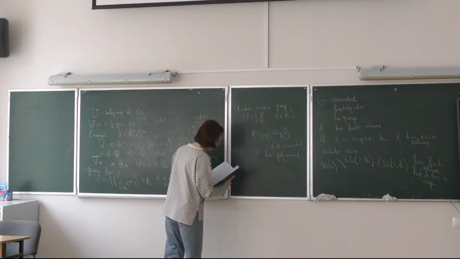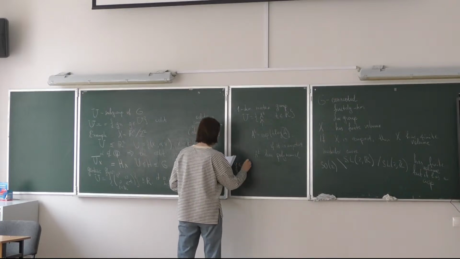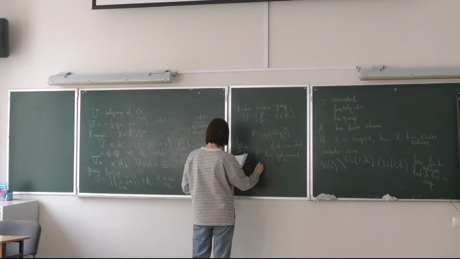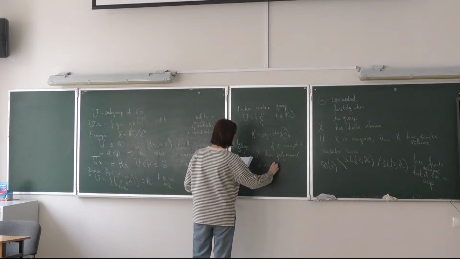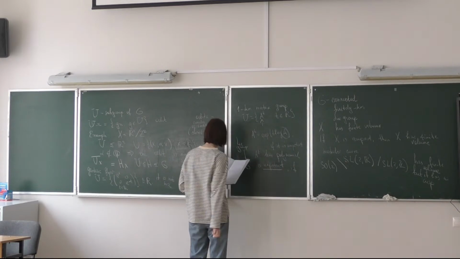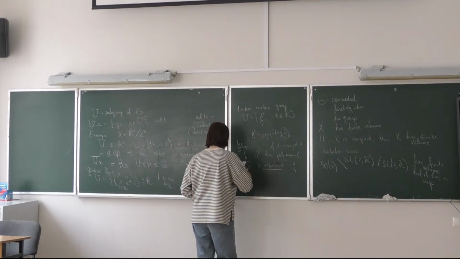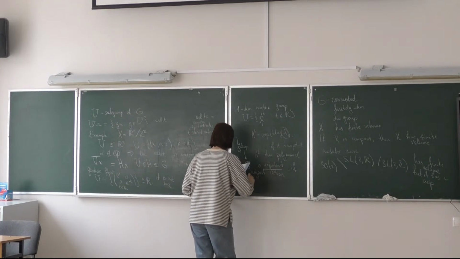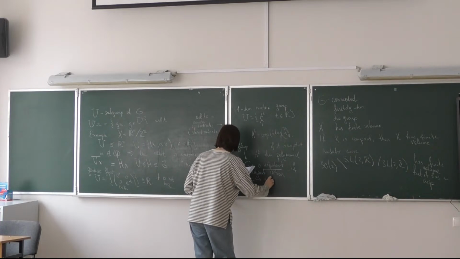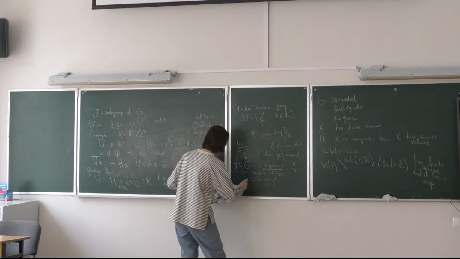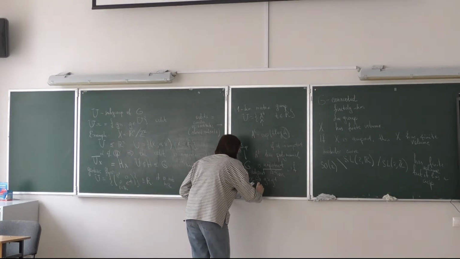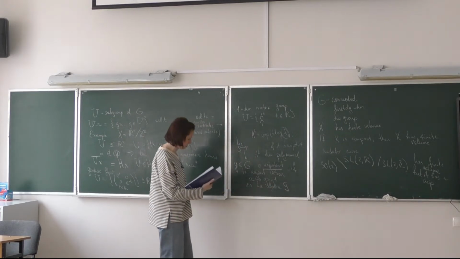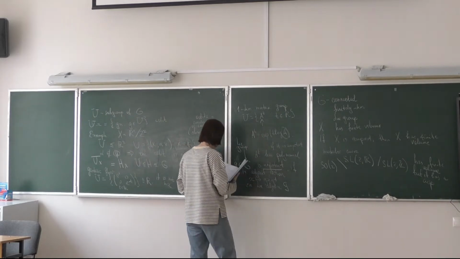Now, more formally, we say that an element of a Lie group is unipotent if its adjoint action x to g x g^{-1}, of course this action is defined on the Lie algebra associated with this group, is unipotent.